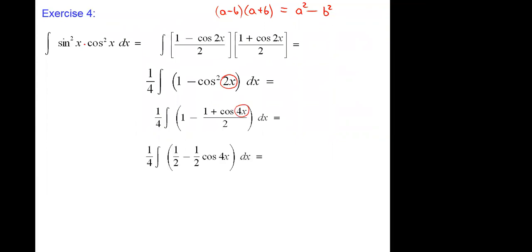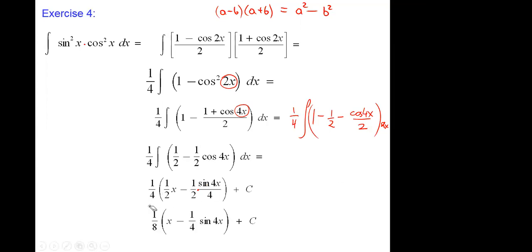And what I did, I have 1 over 2 is 1/2, and negative will affect cosine of 4x and also over 2. And 1 minus 1/2, it's of course half. I mean, you can see half from that and half of cosine of 4x. And now the integral of cosine of 4x is sine of 4x over 4. And over half will be over 8.